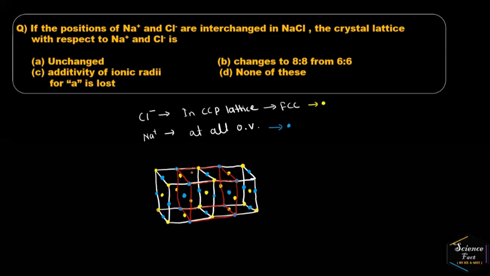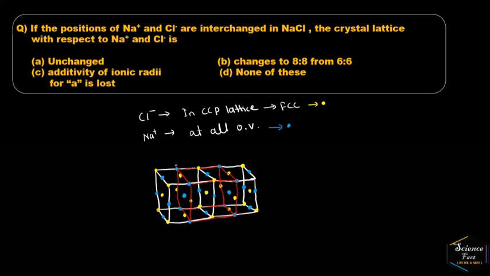In a new cube, the red cube, Na+ ions are also present at the face centers. That means in the new red cube the statement is totally reversed, and this new cube follows the statement given in the question, that the positions of Na+ and Cl- are interchanged.